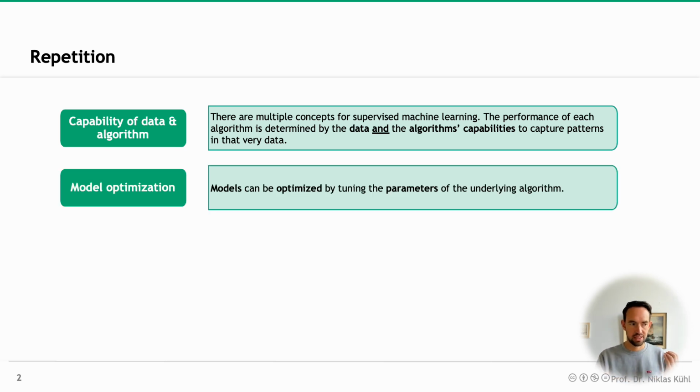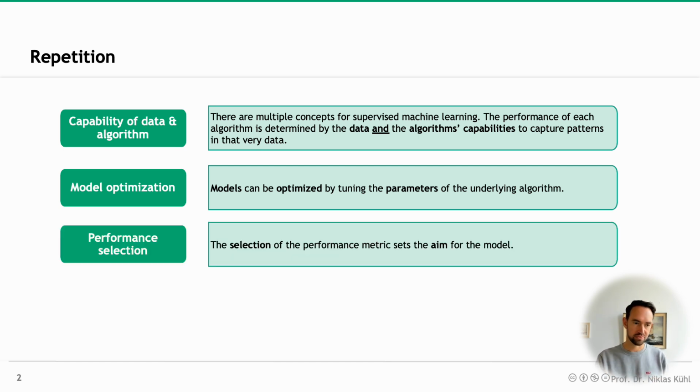Second, it's important that you can and probably should optimize the parameters of your algorithms, and there are a bunch of options at hand, depending on each of these algorithms. But you have to watch out how you do that, especially that you do not overfit or enable data leakage. Third, we talked about selecting the right performance metrics.